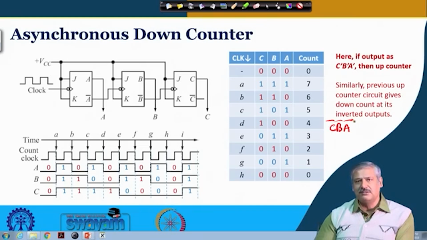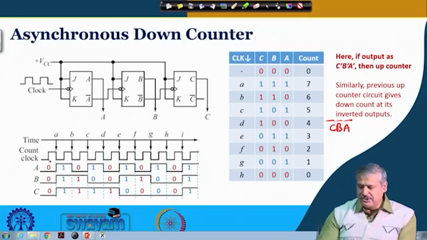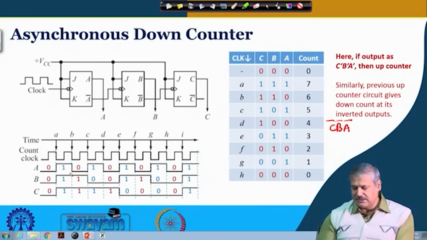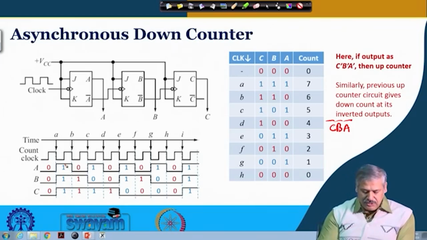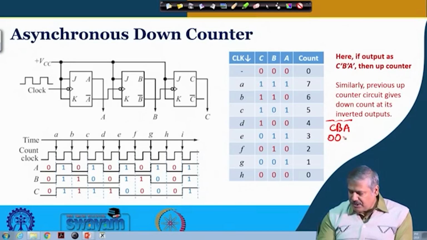Can you identify? For example, this was 0 0 0, after that it has gone to 1 1 1, and 1 1 1 inverted is 0 0 0 only.